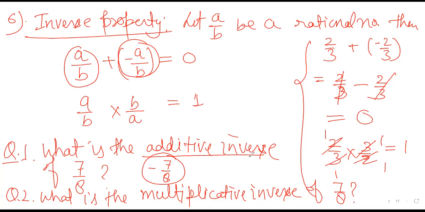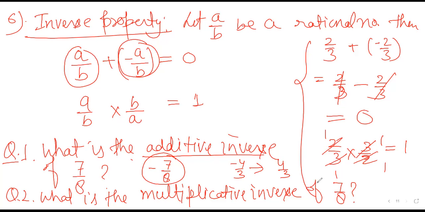If the question asks what is the additive inverse of minus 4 upon 3, you simply write 4 upon 3. If there is a plus sign, the answer will have a minus sign, and if the question has a minus sign, the answer will have a plus sign. Nothing else changes.